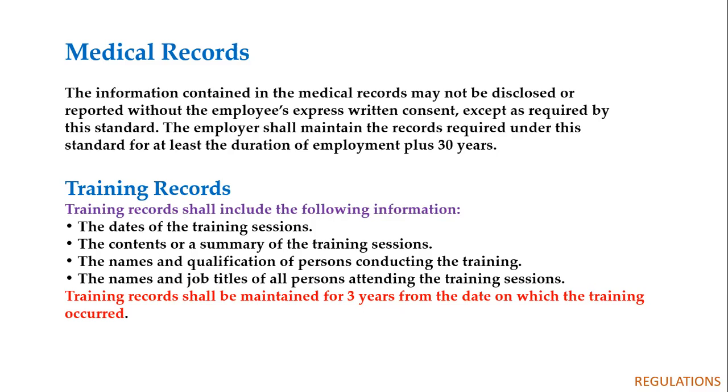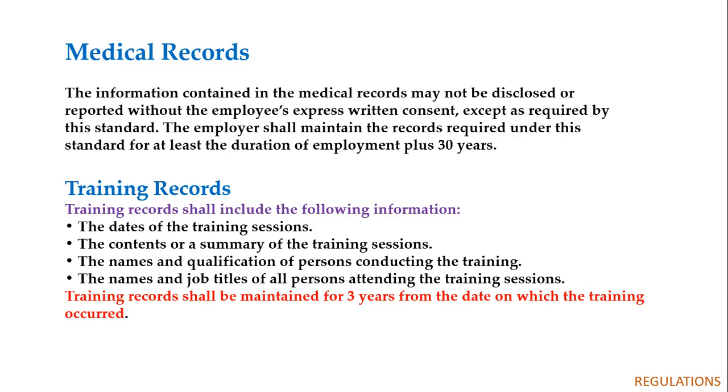The training record should include the following information: the date of the training session, the content or a summary of the training session, the name and qualifications of the person conducting the training, and the names and job titles of all persons attending the training session.